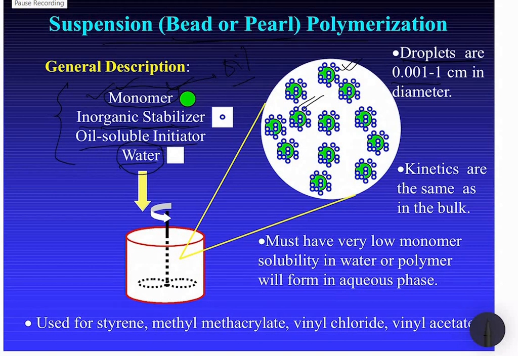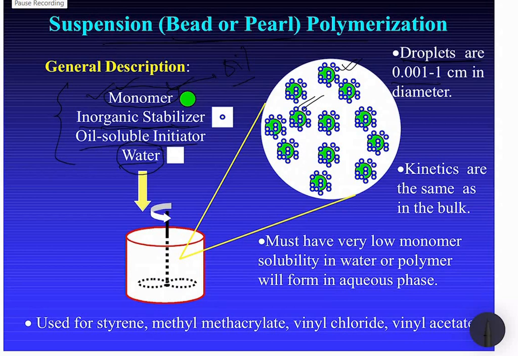So you can control the reaction in terms of heat dissipation or heat removal in a much better way. It is a miniature form of the bulk polymerization technique, and that is why we also call suspension polymerization the mini bulk polymerization technique.